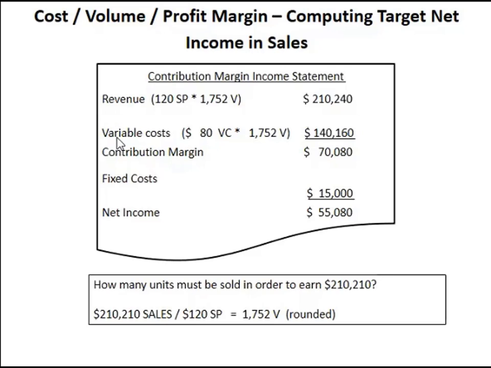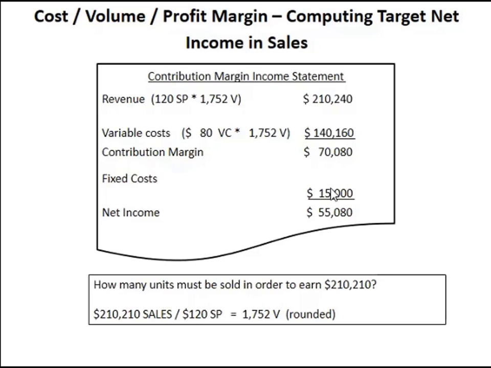I also look at my variable costs. They're $80 per unit, and I have to multiply them times 1,752 full units. So that's going to turn out to be $140,160. So again, that amount would actually be a little bit less. But my contribution margin, now that is computed off of the volume of 1,752, ends up being $70,080.